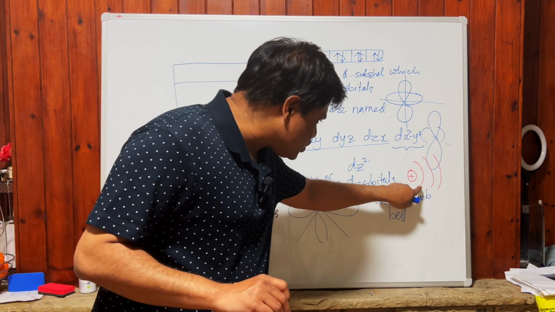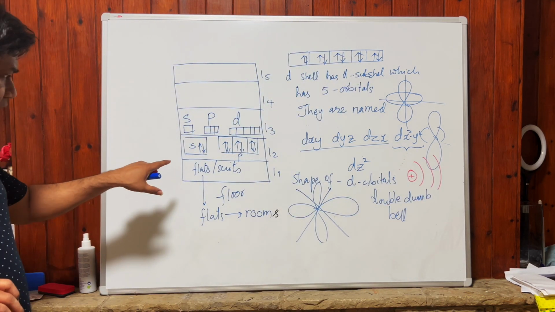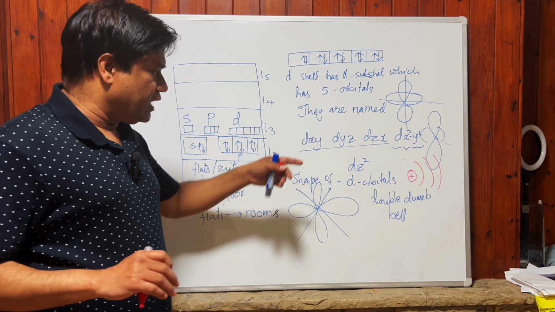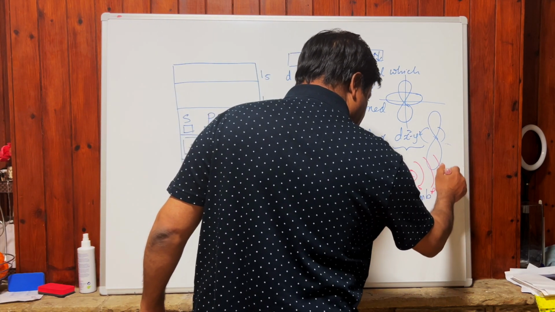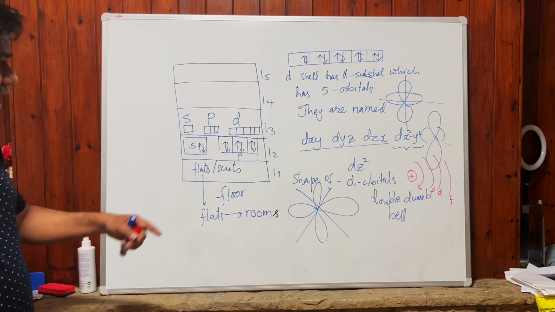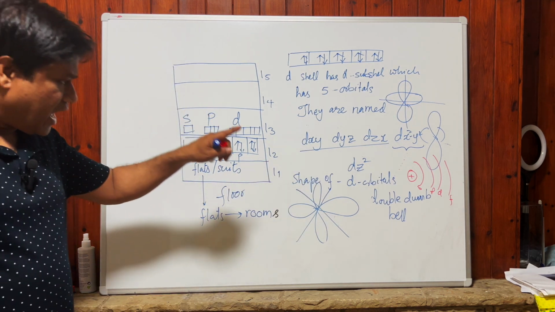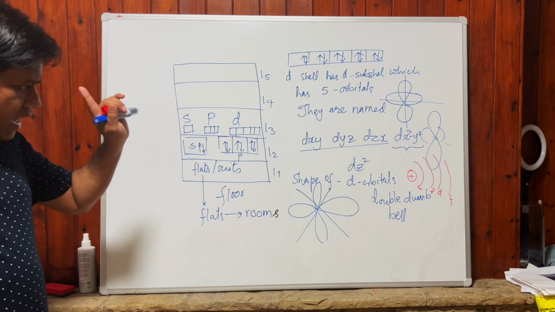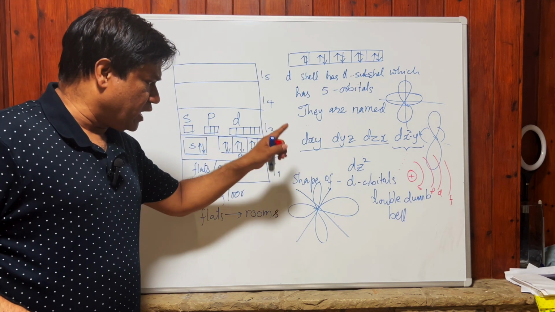So each shell has subshells, which we label s, p, d, f. Level 1 has the s shell, the s subshell, which has just one s orbital.